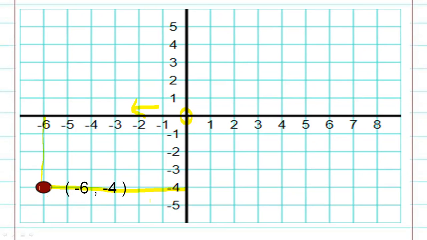So always look at these. It is shown here, this will be -4, and when I'm taking x as the reference, this will be -6. So I am writing these two numbers, and I know in quadrant 3 both numbers are minus. It's a too cold region. The temperature is always in minus degrees.